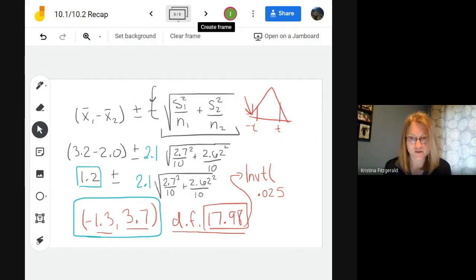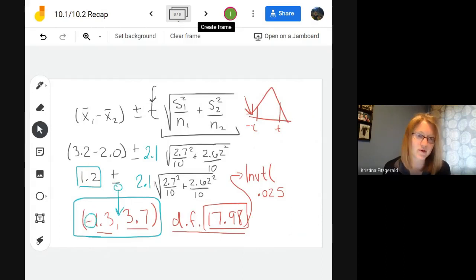So one popular follow-up question here is always to look at the interval and then ask a question. They usually ask something like, do you think there is a significant difference between the two groups, or are you convinced there actually is a difference between the two groups? And on this one, we would say no, because 0 is in the interval, because the interval goes from a negative number to a positive number.